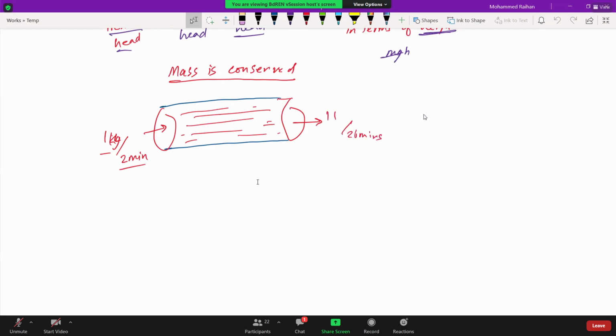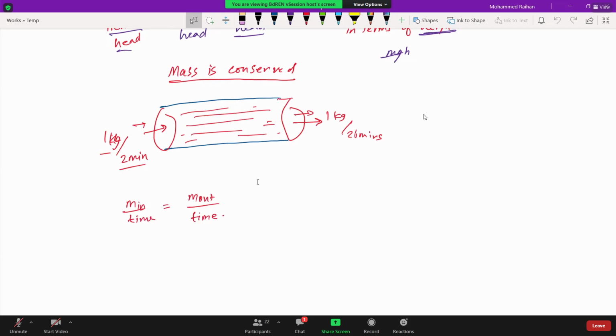Because water will not get accumulated here, right? Everything that you give in from one side will come out from the other side. So can I say that mass per unit time at inlet equals mass out per unit time? Yes, sir.